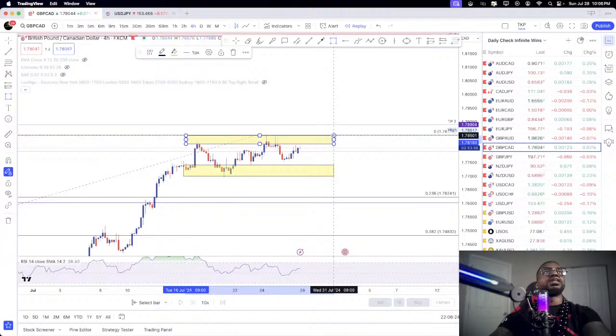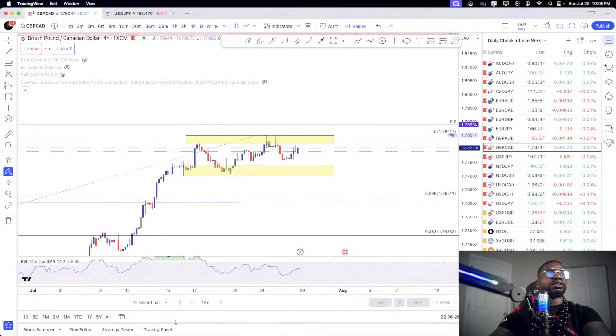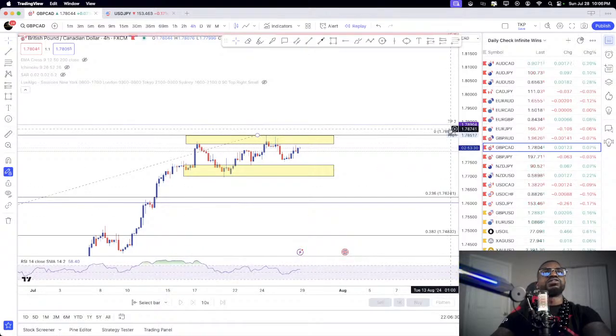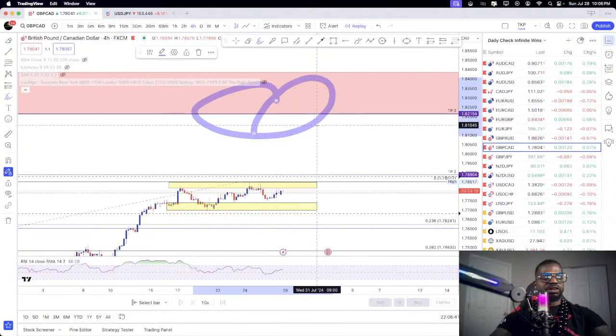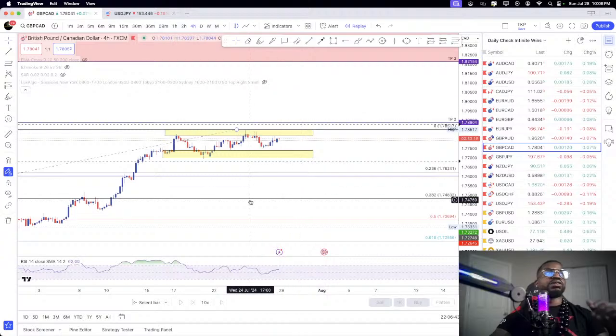Now we got a clear sign of range. Now from here, we just need to let price let us know what she wants to do. Set an alert above and set an alert below it. Above it, we already know where it's going because we did our homework. And even though we didn't take the trade setup, the zones are still set.